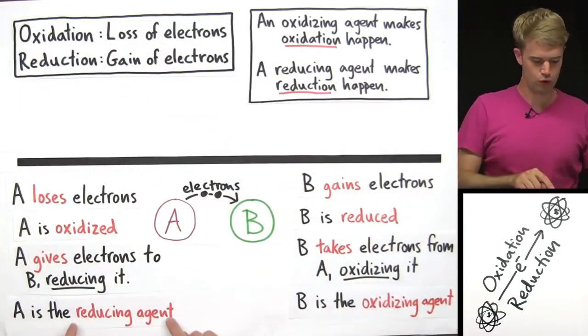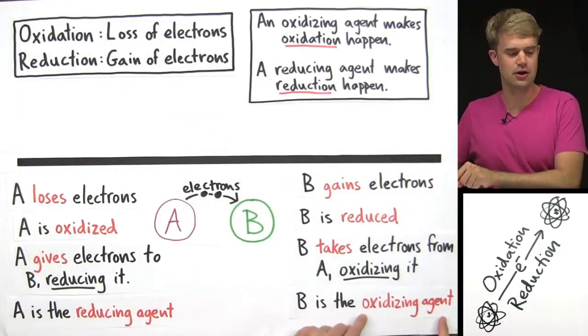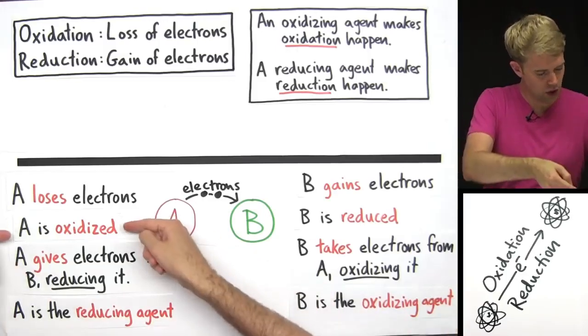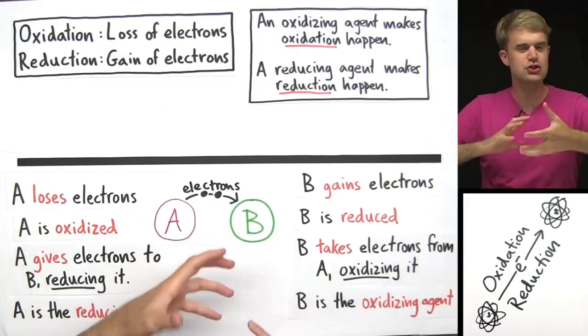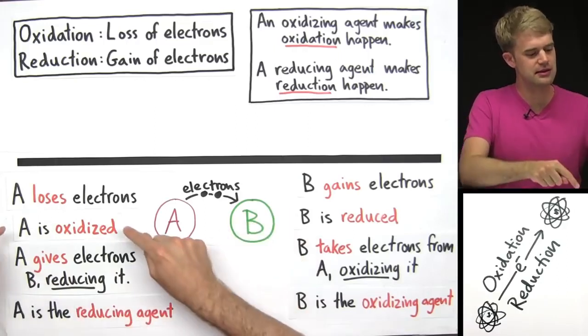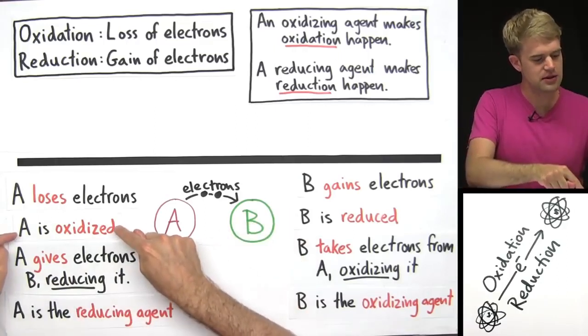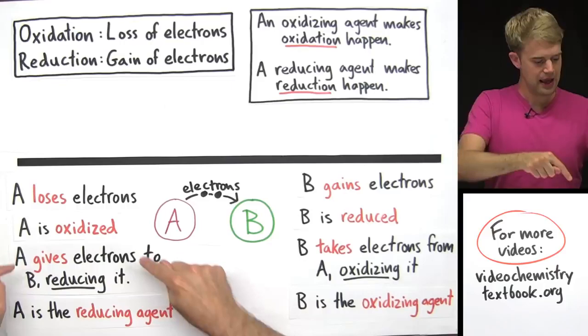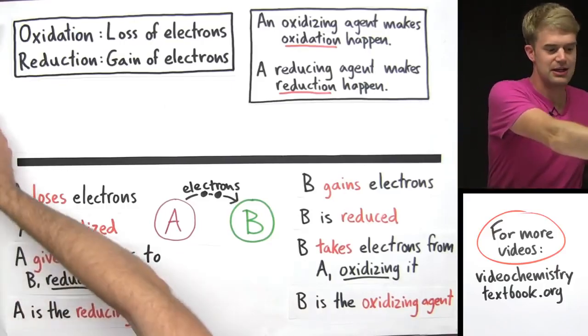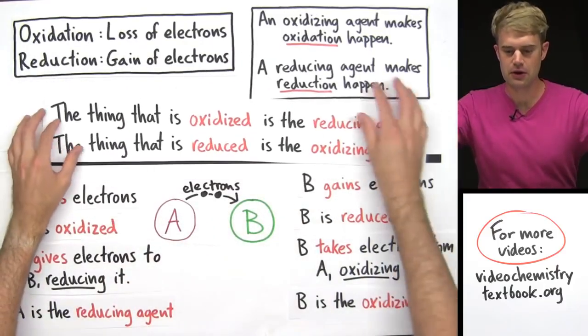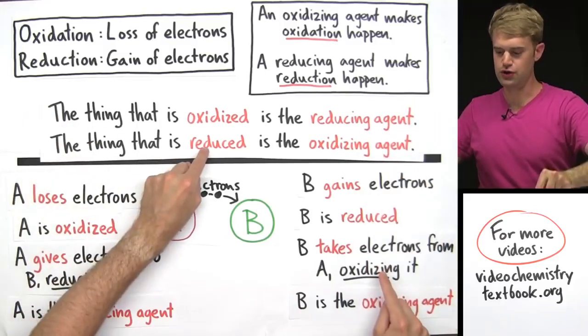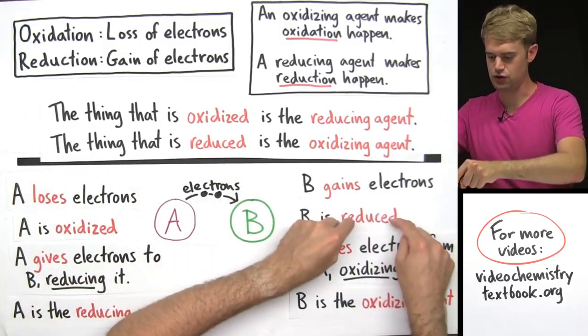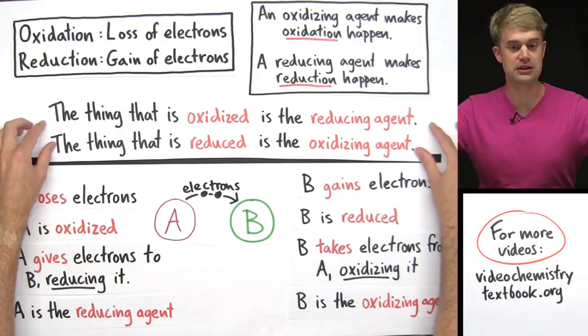Okay, so we got reducing agent and oxidizing agent. And if you look at what's going on here, there's kind of a switch that takes place. Okay, the thing that is oxidized, the thing that loses electrons, is the reducing agent. And the thing that is reduced, that gains electrons, is the oxidizing agent.